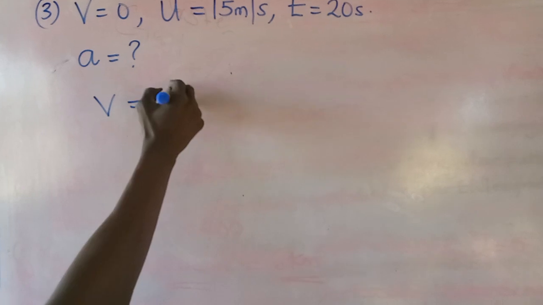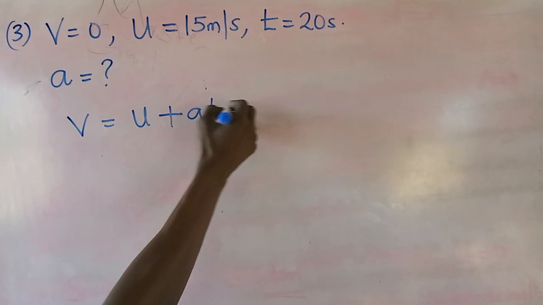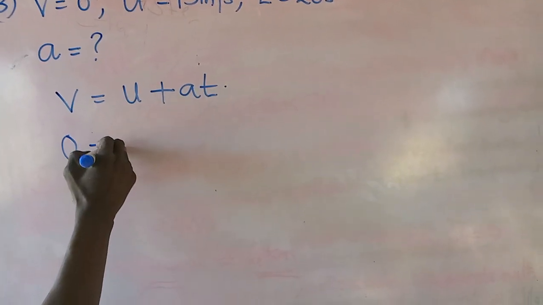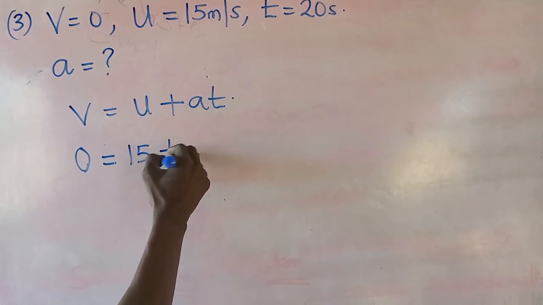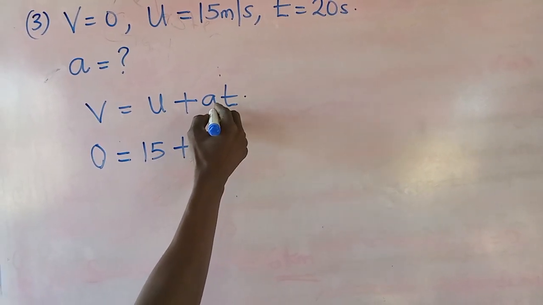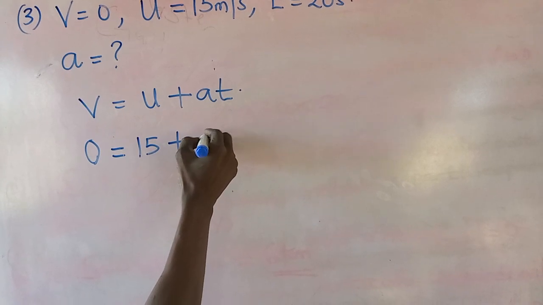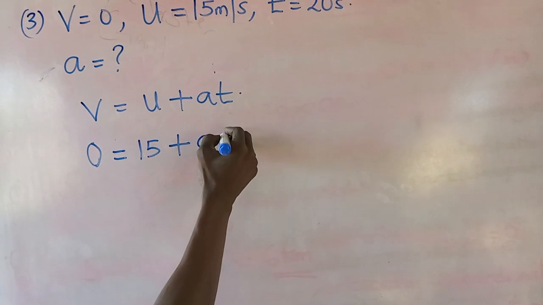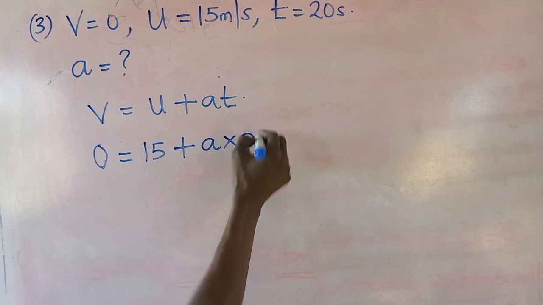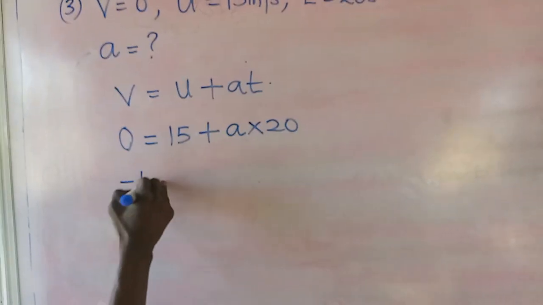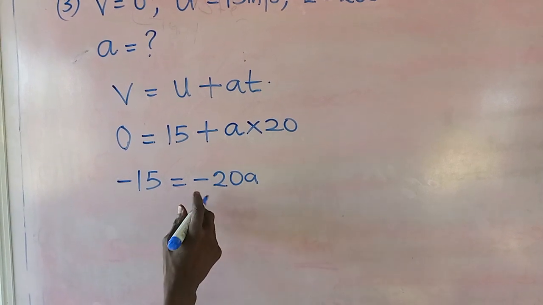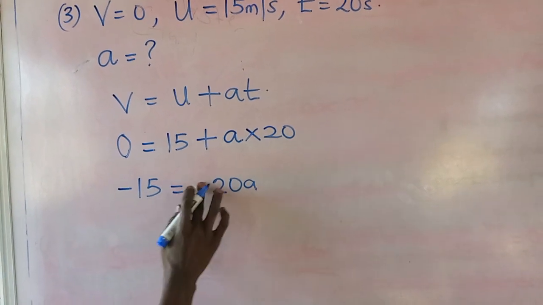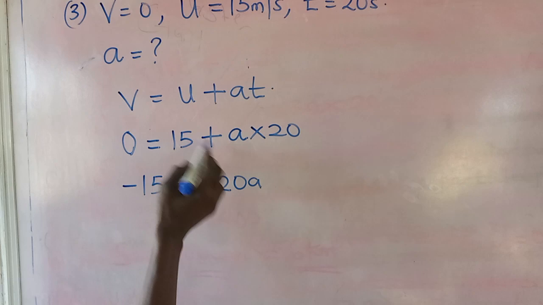v equals u plus at. v is 0, u is 15, plus a, which we don't know, times 20. Minus 15 will be 20a.